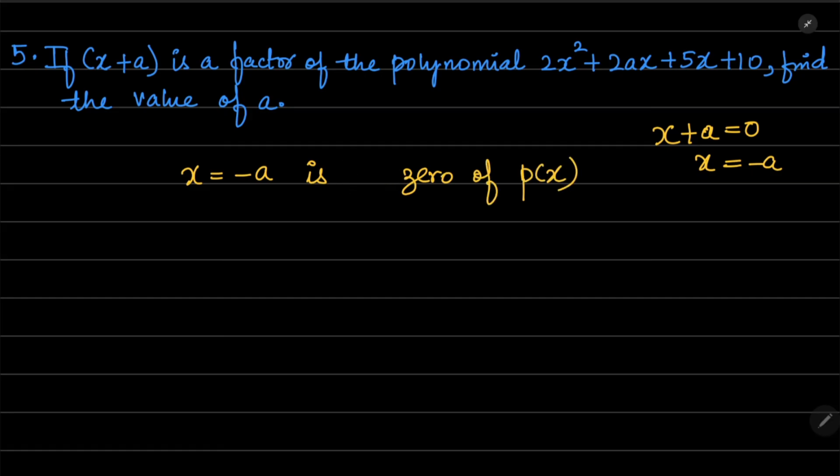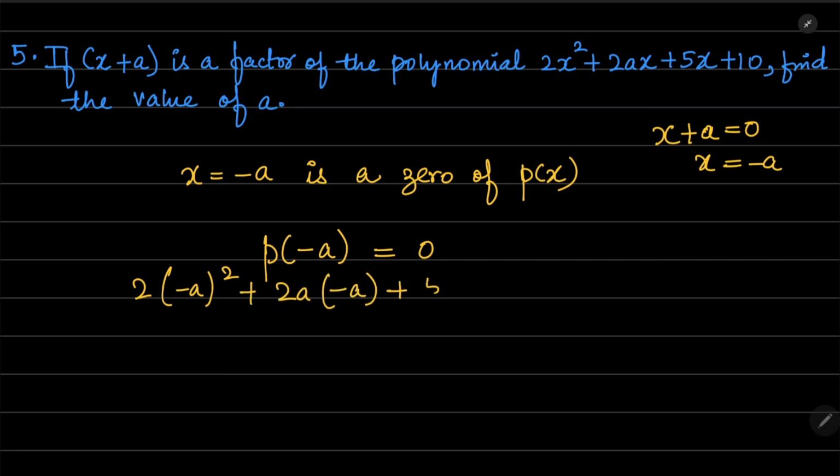Okay, it is a 0 of p of x. Therefore, p of, in place of x, if I put minus a, it is equal to 0. So in place of x, let us put minus a. Okay, so wherever I have x, I'm going to put minus a. Minus a the whole square plus 2a into minus a plus 5 into minus a plus 10 equal to 0.